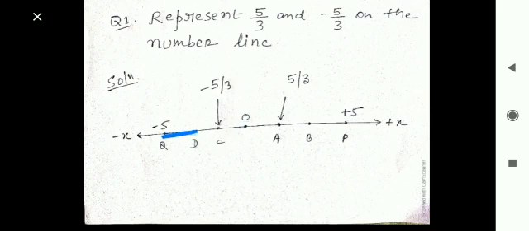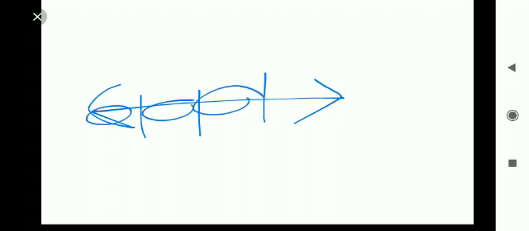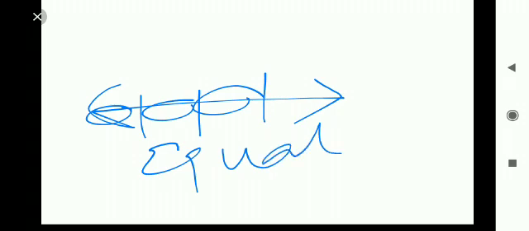So we can say that this OC, this CD and this DQ are equal. Means I have taken one line and that line is divided into 3 equal parts, so all these parts are equal.